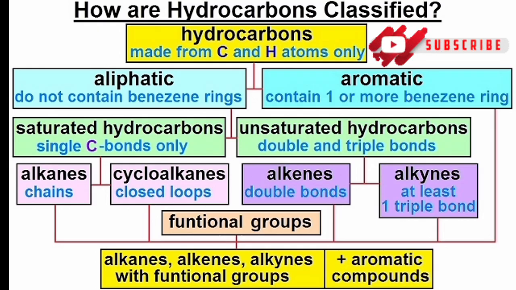So in that sense, we've also done alkynes, but generally alkynes are a homologous series that have the general formula CnH2n-2. Alkanes have single bonds. Alkenes have double bonds. Alkynes have triple bonds. At least one triple bond in the chain, in the compound.